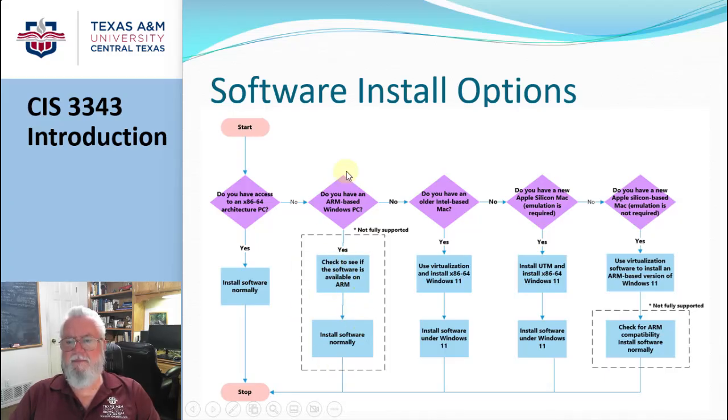I'm 99% sure that will work without an issue. I'm going to skip that one. These two are not really relevant. But if I have a new Apple with Apple Silicon, M1, M2, then using virtualization, you install the ARM-based version of Windows and then install the software. And again, I'm 99% sure this will work.